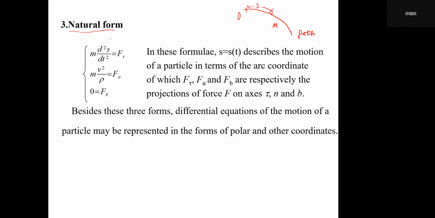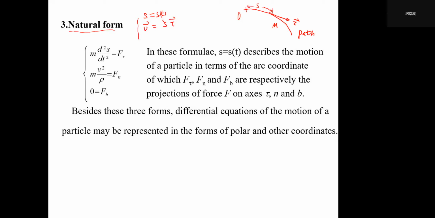So its natural form is s equals s(t), and its velocity equals s dot in the tau direction. We only need to draw the tangent line here, that is the tau direction, and the velocity is always along this direction.